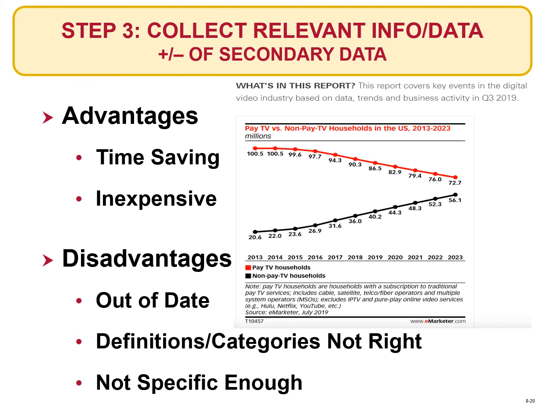So that's a disadvantage, and it's not specific enough. The secondary information that we collect is of course not specific enough, because if it were specific enough for our research problem, then we would not need to conduct any research. If you already had a solution to the problem you're trying to conduct research for, then you don't need any primary data. You would just stop there.